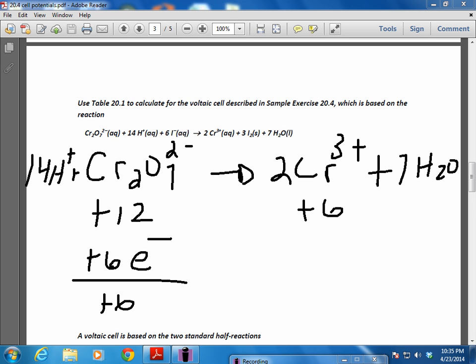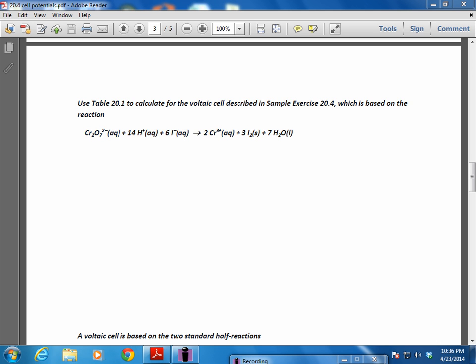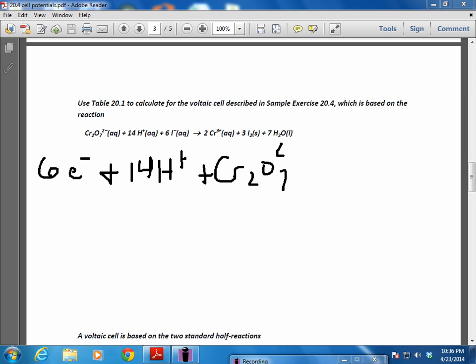So this overall reaction, once you balance it, for that part of it, is 6 electrons plus 14 hydrogens plus the dichromate ion, and then that equals 2Cr3+ plus the 7 waters.